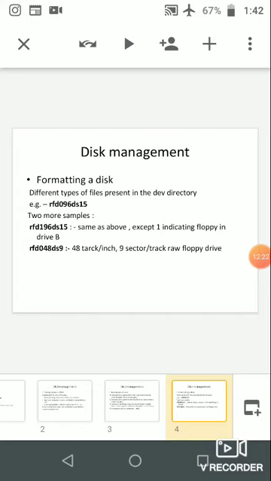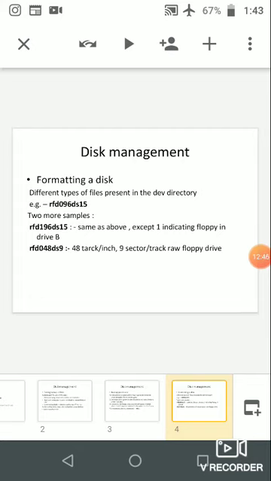And DS stands for double sided, so the drive is able to store data on both sides. And 15, the last integer, indicates the number of sectors per track.